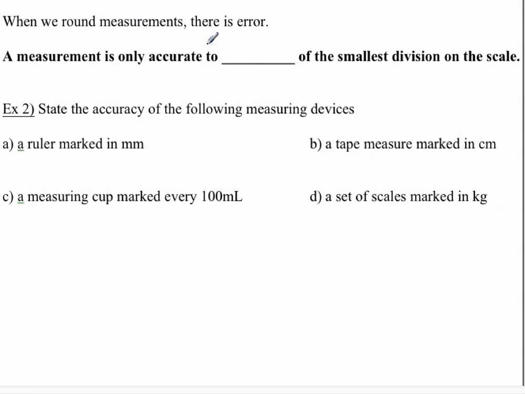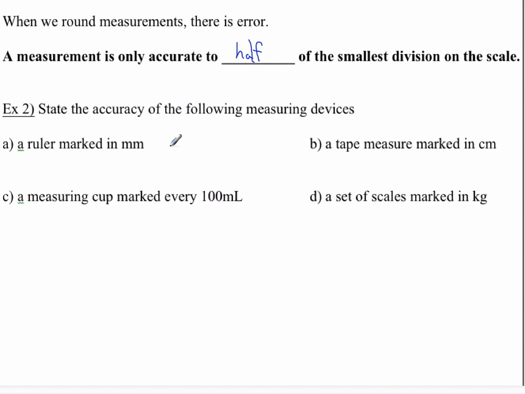So when we round measurements, there is always error, right? The measurement is only accurate to about half the smallest division on the scale. So if you use a ruler that's marked with millimeters and you measure 50 millimeters, that means it could be up to 50.5 millimeters or 49.5.